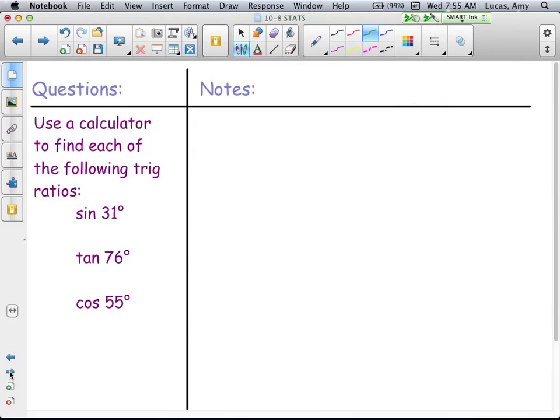The next problem, this is just a calculator problem. Sine of a 31-degree angle, if you put that in your calculator, it will tell you 0.5150. Typically, with these ratios, when you're using a calculator, you want 4 digits after your decimal point.